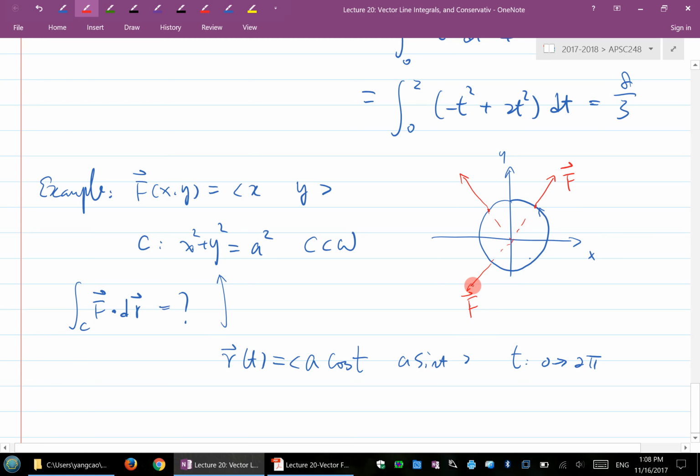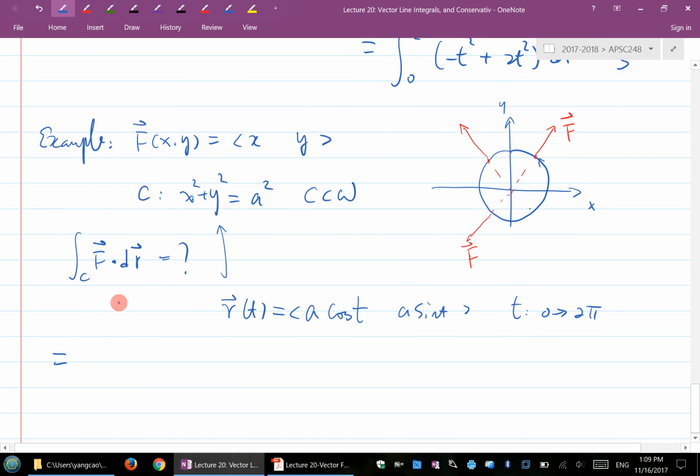So when you see this F and the curve C, if you remember, what's the relationship between the vector and the curve C? Perpendicular, right?